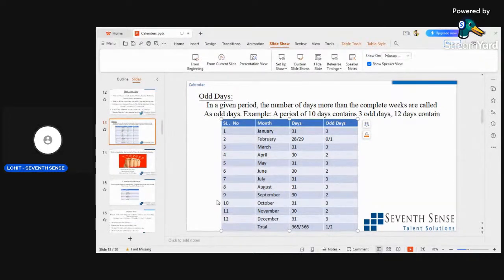I will be saying some years, you need to tell me if it is a leap year or not. Type yes if it is a leap year, type no if it is not a leap year. Until I get yes or no, you need to tell me the answer. So 2024, is it a leap year or not?